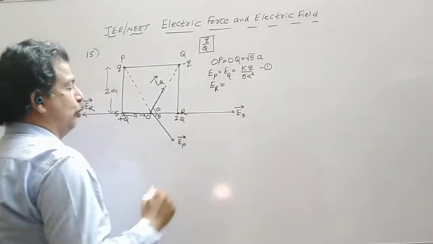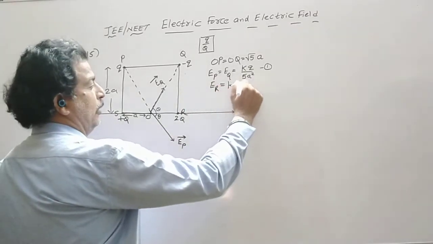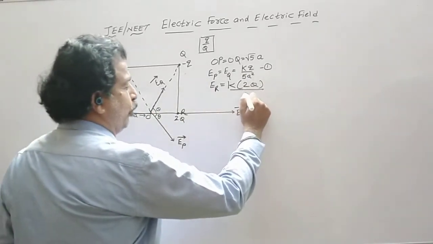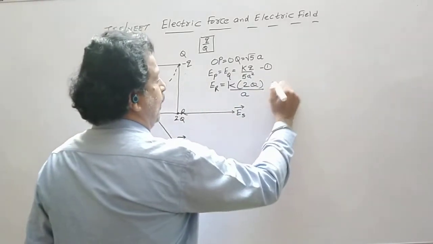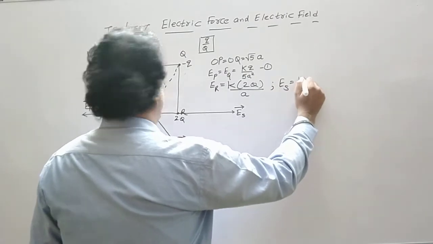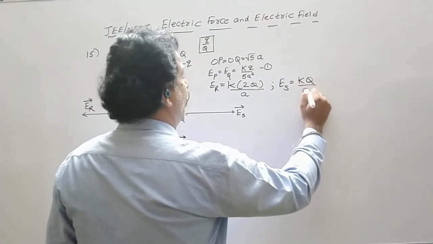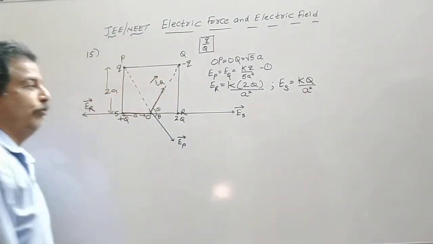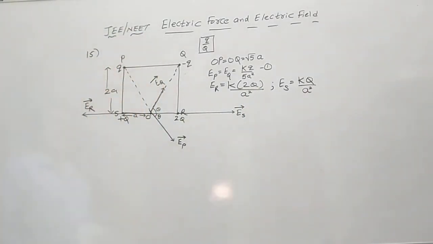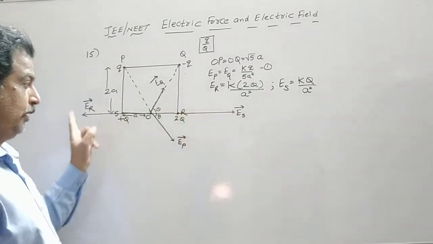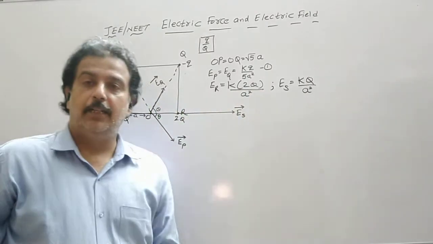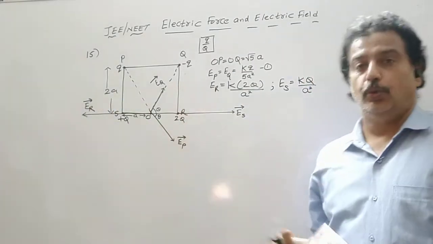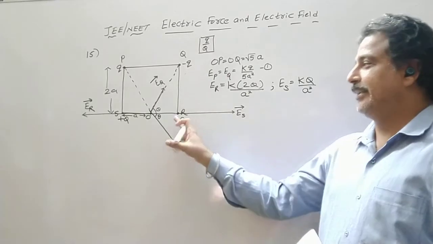ER is equal to K times source upon distance, that is a, since it is the midpoint. Similarly, ES is K times source upon distance squared, that is a square. ES and ER are one dimensional, but EP and EQ are two dimensional and make an angle theta.